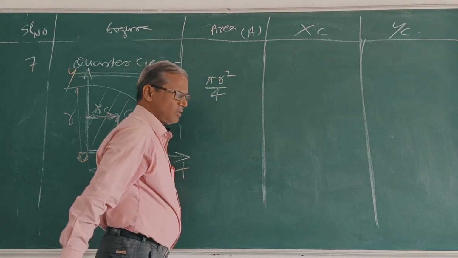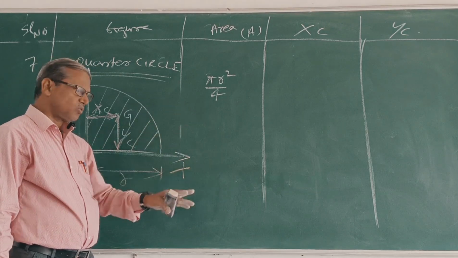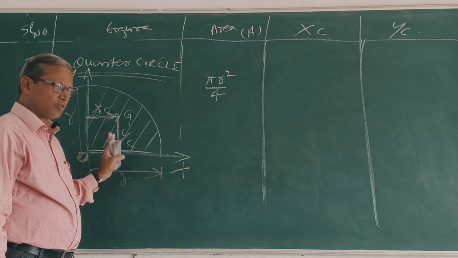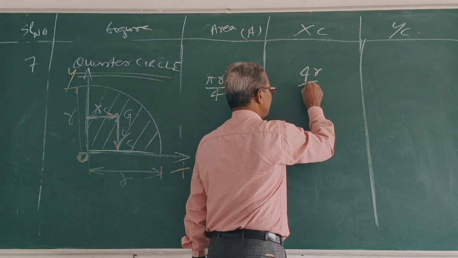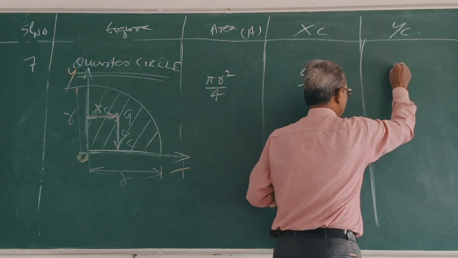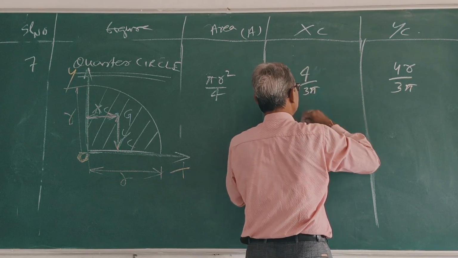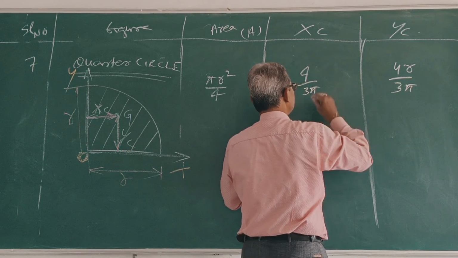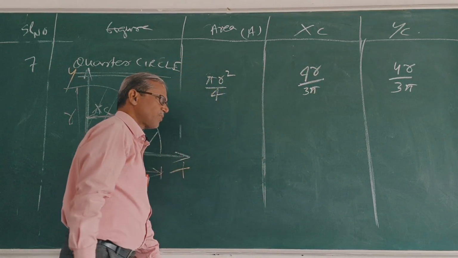For the circle, pi r square. Semicircle, pi r square by 2. Quarter circle, pi r square by 4. What is XC? 4r by 3 pi. What is YC? 4r by 3 pi. Clear? This is XC and YC.